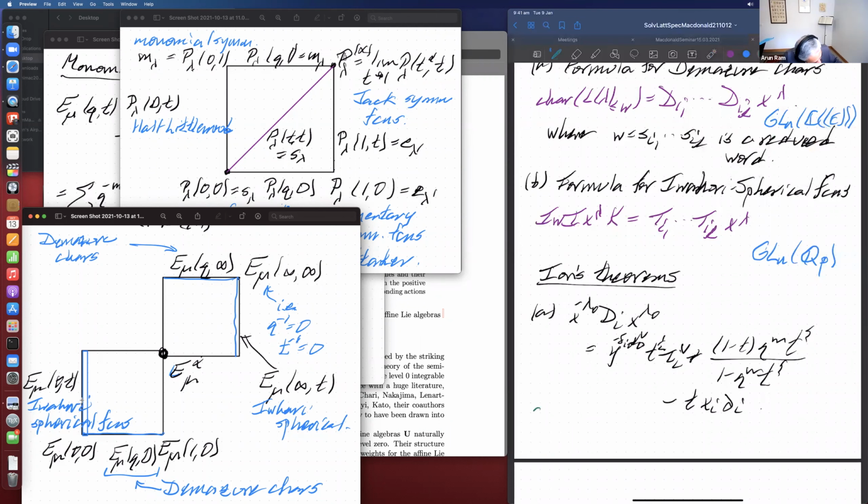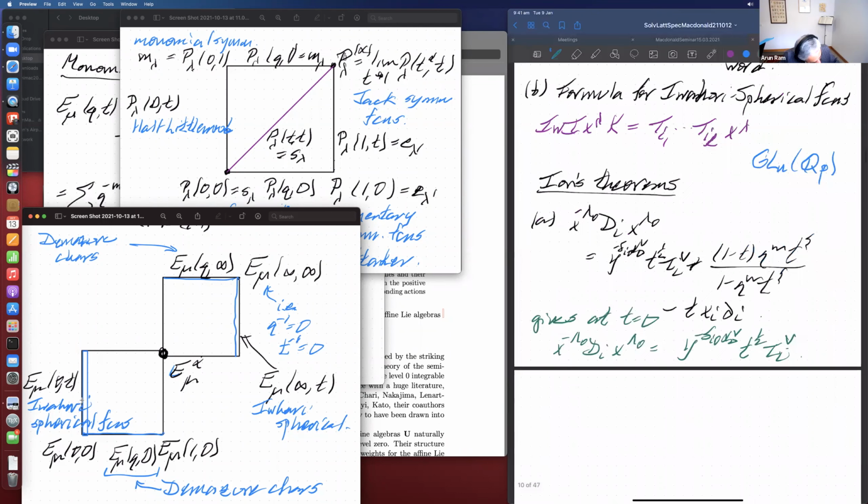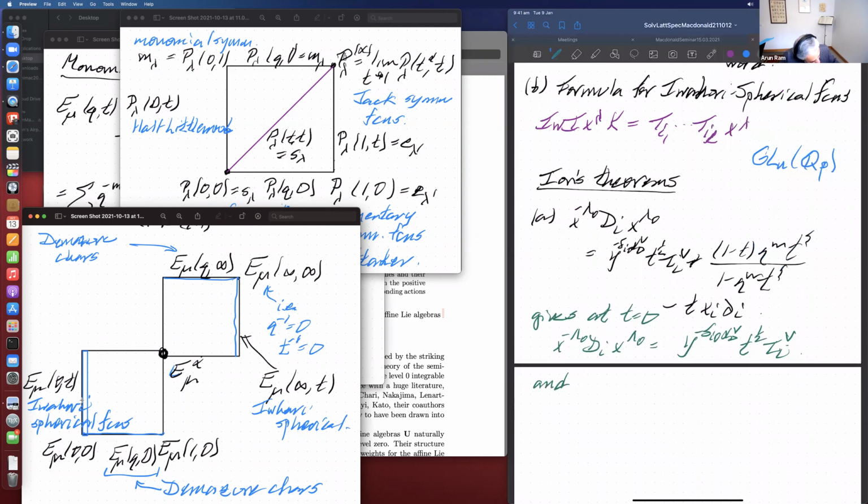It gives you that at t equals 0, this operator x to the minus lambda 0 d_i x to the lambda 0 is equal to this operator. So up to some little constants that you have to be careful of, it's telling you that E_mu at q equals 0 is a level 1 Demazure character.